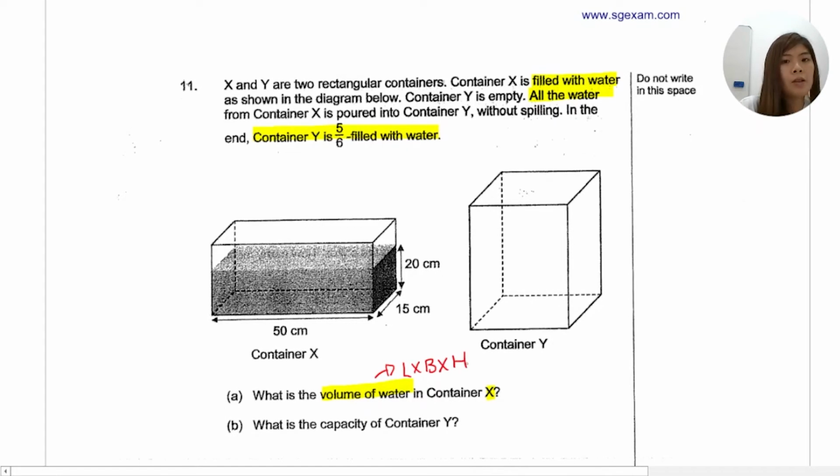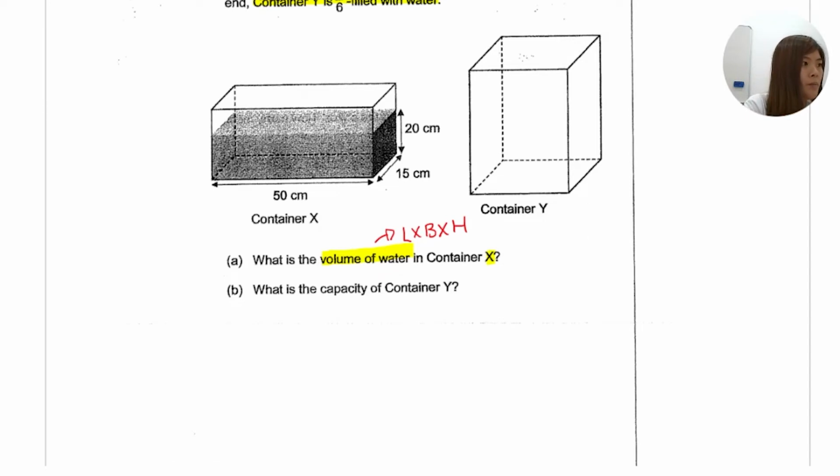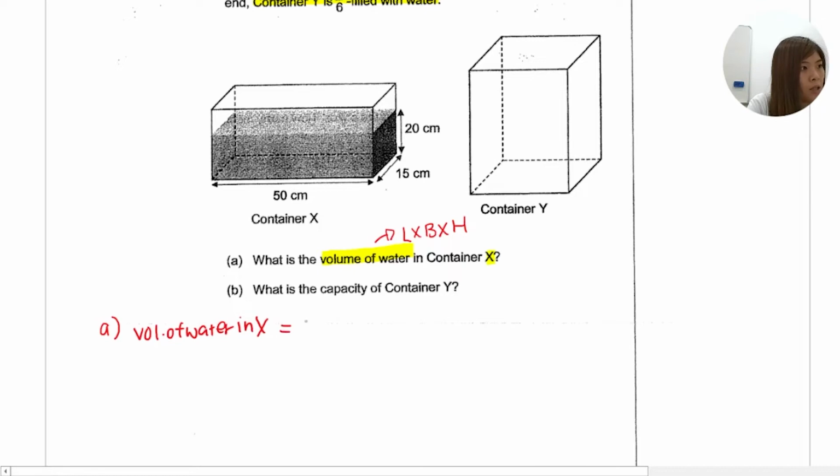Next we need to find the volume of water in container X. So to do part A, volume of water in X. Basically, we take length times breadth times height.